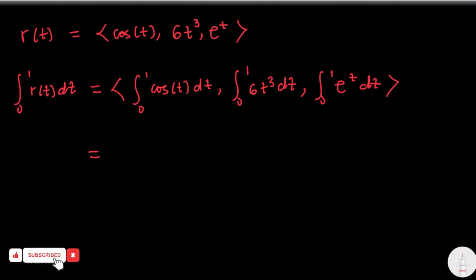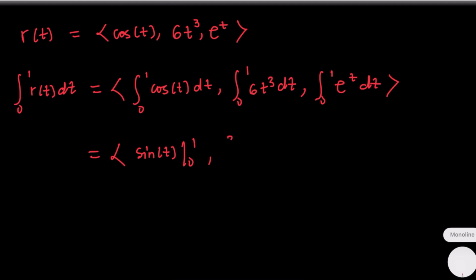So when we integrate cosine, we are going to have sine of t from 0 to 1. For the j component it is going to give us 3 over 2 t to the 4 from 0 to 1, and the integral of e to the t is going to be e to the t, from 0 to 1.